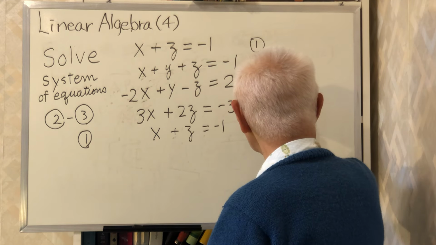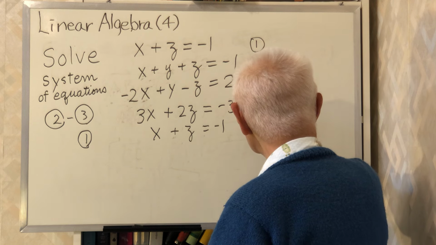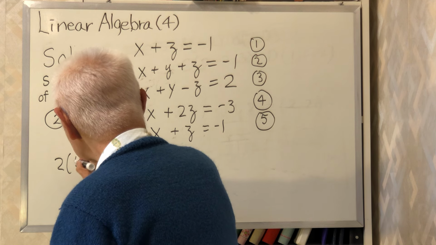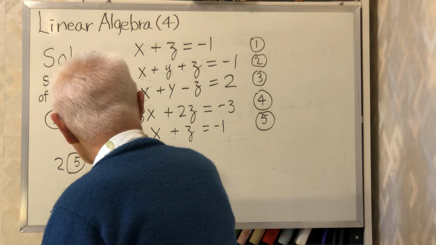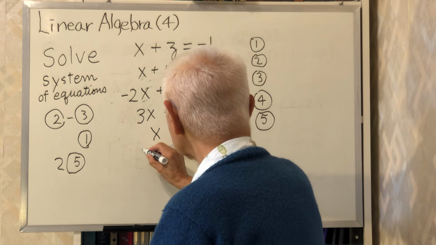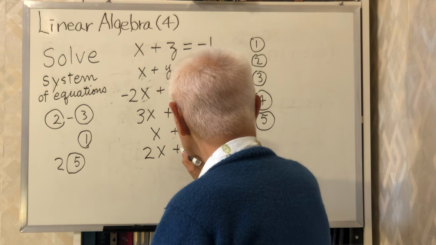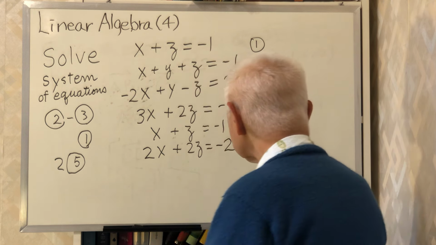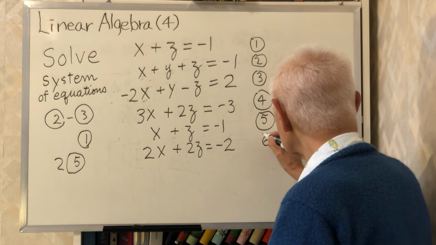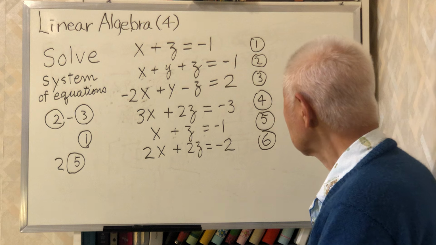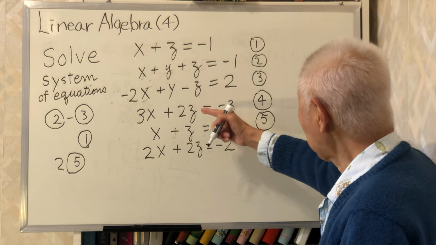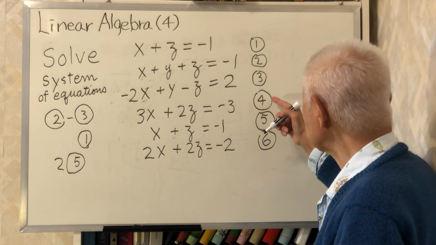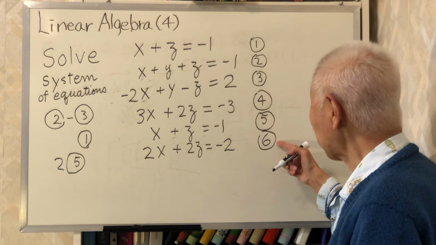Okay, let me label this 2 times 5. I call 6. Now I have 2z here, 2z there. So I can subtract these two equations, 4 minus 6.